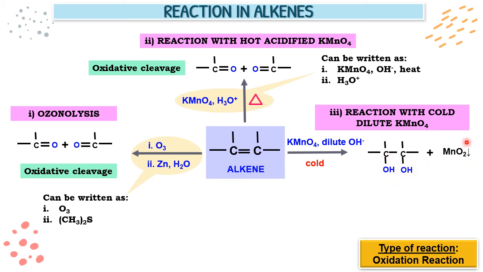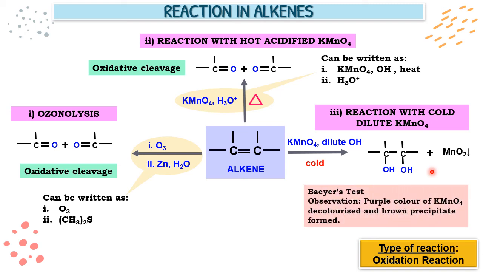The side product over here is MnO2, manganese oxide, and there's an arrow going downwards. What does this arrow mean? It means that the manganese oxide is a solid, or what we call a precipitate. Do you need to show the arrow in your equation? Yes, you need to show the arrow.